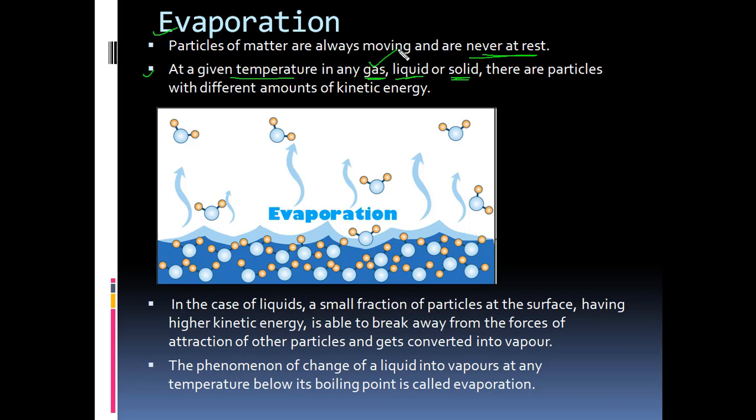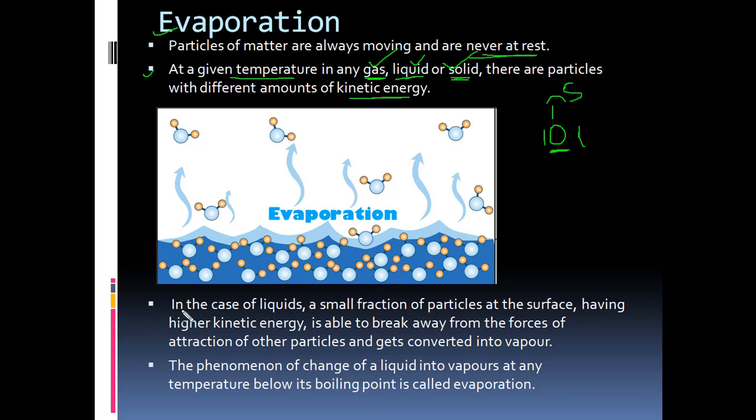For example, at 10 degree centigrade water is in liquid state, but at 10 degree centigrade iron is in solid state. So the amount of energy associated with the particles of iron is not equal to the amount of energy associated with the particles of water at the same temperature.